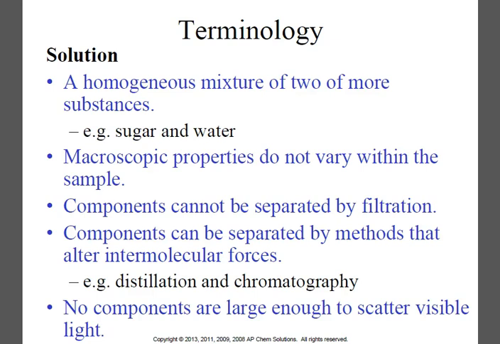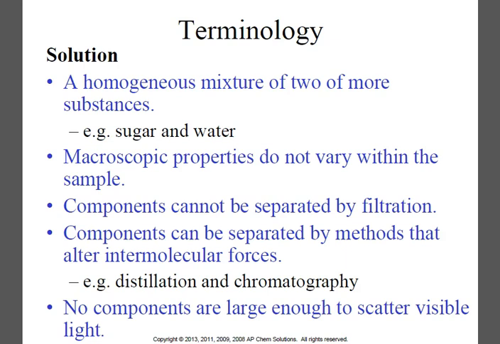However, a solution, and I may have just used that word incorrectly before, because a solution cannot be heterogeneous. So orange juice with pulp is not a solution, although we may use it in that way. A solution is a homogeneous mixture.